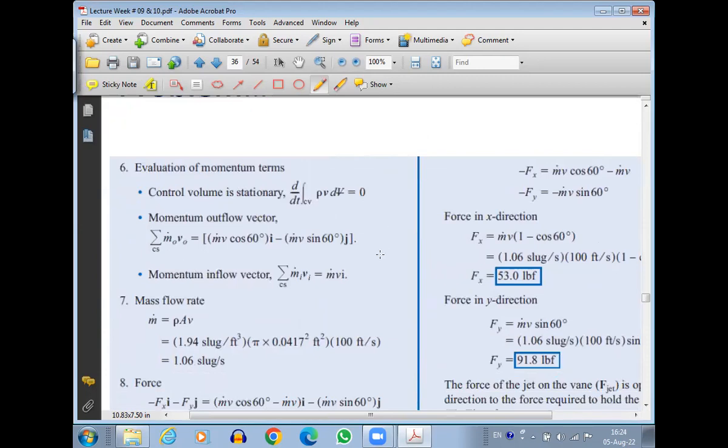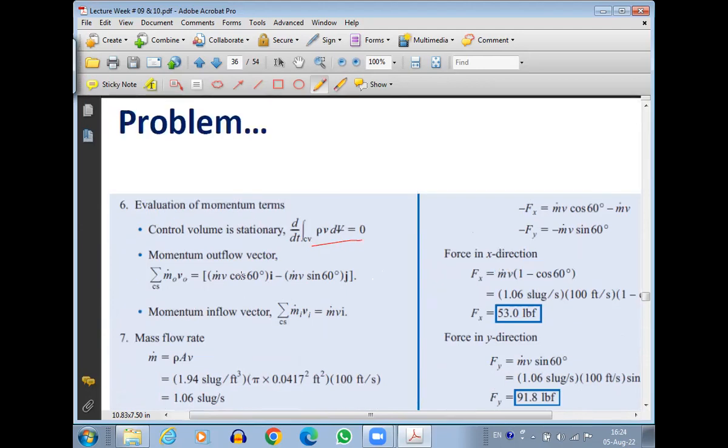Then the momentum accumulation term will not be there, so the integral d by dt of the control volume rho v dV equals 0. Then we will have the momentum outflow terms and the momentum inflow terms. Why?